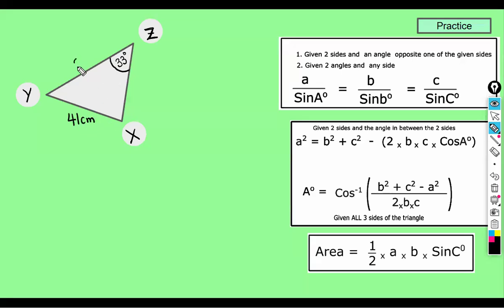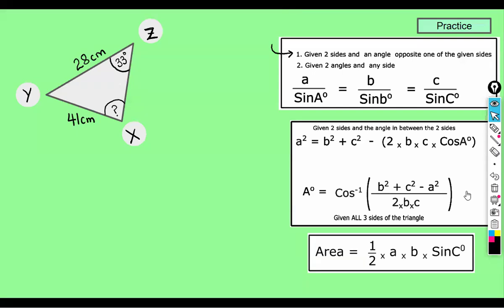Over here is going to be 28 centimeters. And your job is to find angle X. Notice you have the length of 2 sides, and one of the given angles is opposite to one of those given sides. It's still the sine rule for non-right angle triangles. Good luck. Bye.